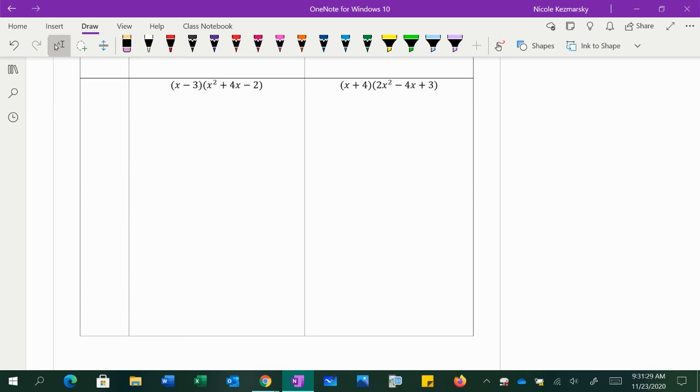And I'm going to set up a box, but this time it can't be a 2 by 2 box. We were doing 2 by 2 because it was binomial times binomial. Now it's binomial times trinomial, which means 3. So I'm going to set up a box that is 2 by 3. So we'll divide one side into 2 and the other side into 3s.